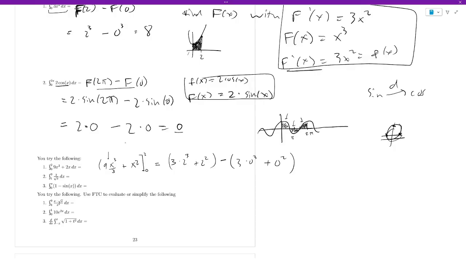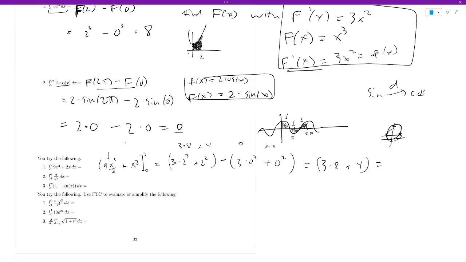Cool. And after you've done a bunch of these, it's totally fine to write 3 times 8 plus 4 as you go, instead of writing this. And then this is going to be 0. But it's good when you're first learning it to write it out super carefully. I think it's good to write this all out and then simplify. So this will be 3 times 8 plus 4, and then these are all zeros, so minus 0, so just that.